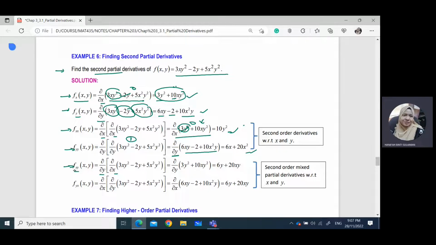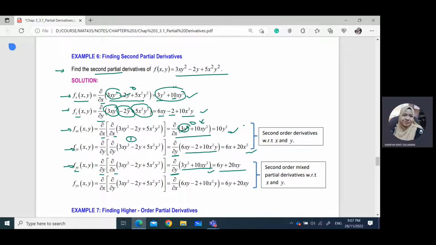So it means that you need to differentiate with respect to x first and then you differentiate with respect to y. Okay, so this one we differentiate with respect to x. For the first time, we have 3y squared plus 10xy squared. And then for the next step, we differentiate with respect to y on 3y squared plus 10xy squared, then we have this answer. Right, so therefore, partial derivative with respect to x and y is 6y plus 20xy.